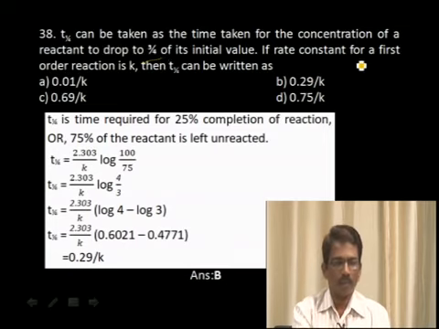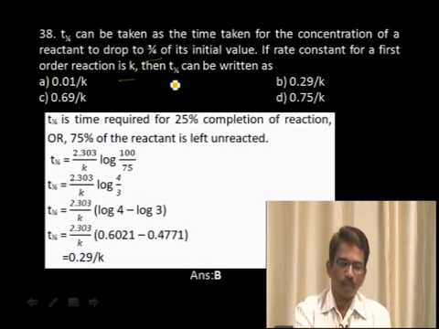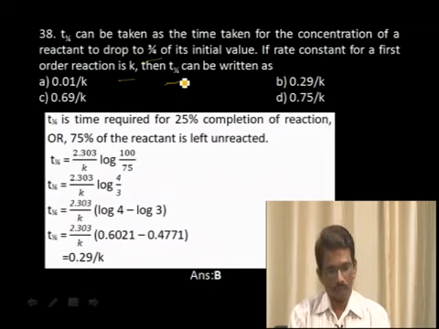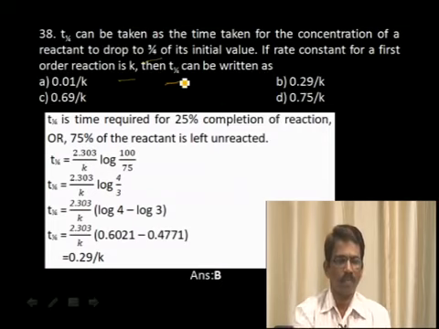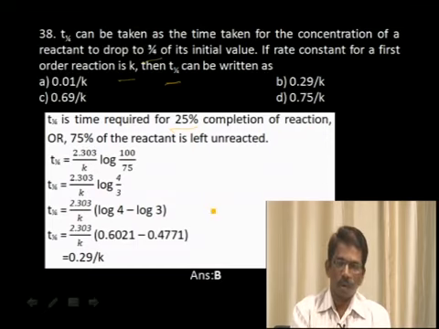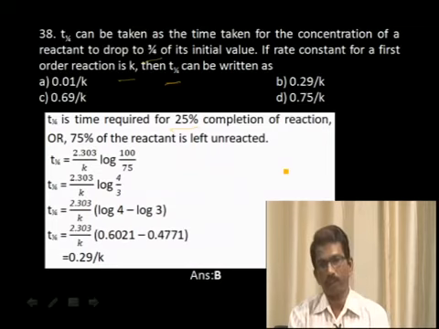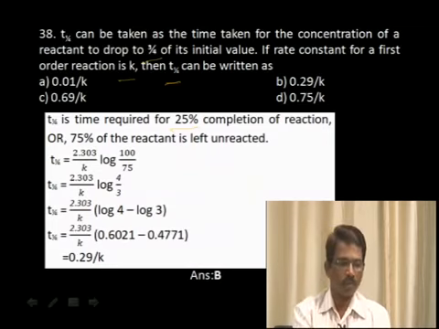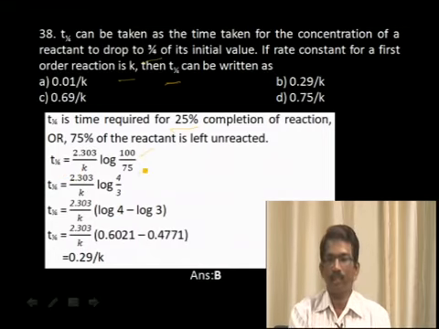If the rate constant for the first order reaction is K, you have been asked to derive the relation between rate constant and T1/4. The options are 0.01/K, 0.29/K, 0.69/K and 0.75/K. If I take T1/4 as the time required for 25% completion, or the time interval in which 75% of the reactant is still left, then I can substitute the R0 value as 100 and R as 75.